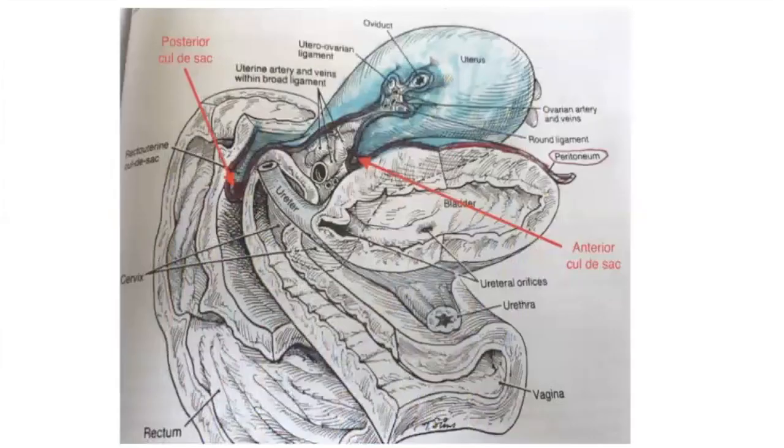This slide gives a close-up sagittal view demonstrating how the parietal pelvic peritoneum, which is colored in blue, envelopes the surfaces of the bladder, uterus, and rectum, forming the anterior and posterior cul-de-sacs.